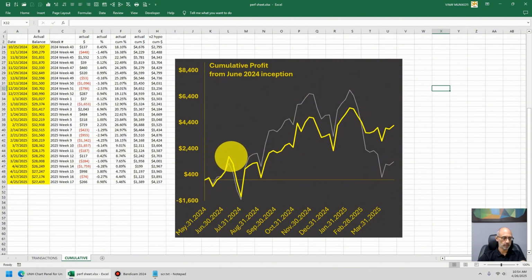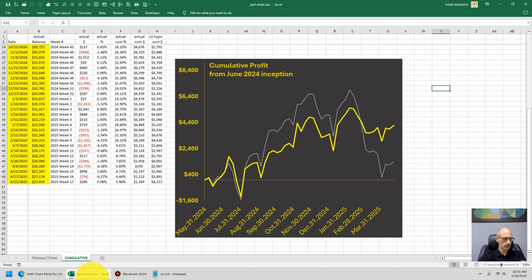Whereas the yellow line is the hypothetical growth of the account had I been trading version 2 all the way back to the inception point in June of last year. So the yellow line is mostly hypothetical, but the last bit is actual. We converted from version 1 to version 2 earlier this month.